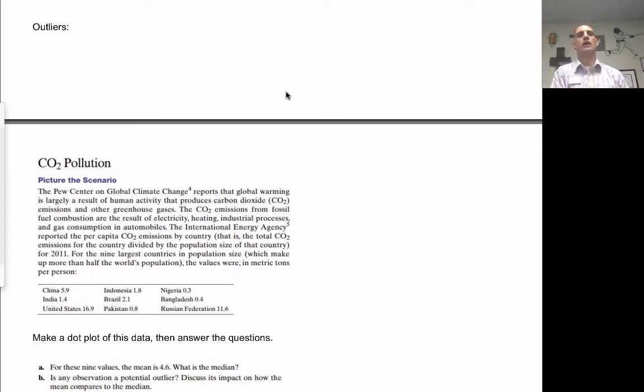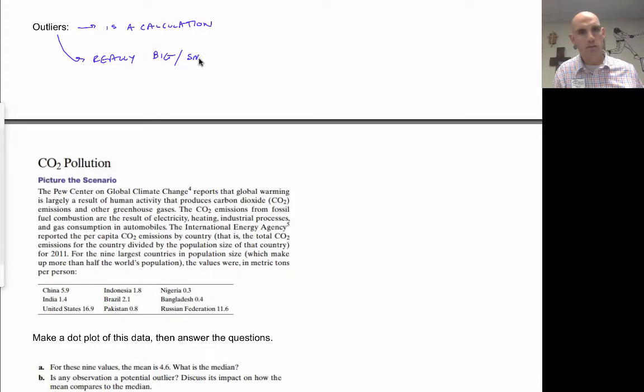Now, the technical term outlier is a calculation that we'll learn about in the next section. In order for us to say there's an outlier, we should do that calculation. But we can always say there appears to be an outlier. An outlier is a really big or small data point.